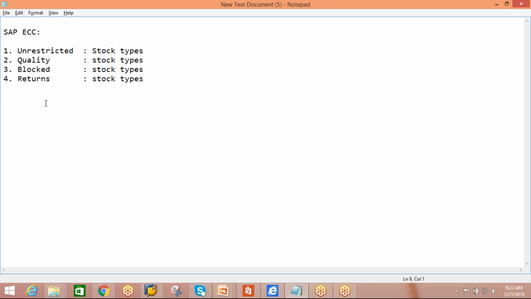Now, these are the four stock types. If I connect this system to EWM, along with these stock types, with reference to these four, we need to manage our EWM stocks.